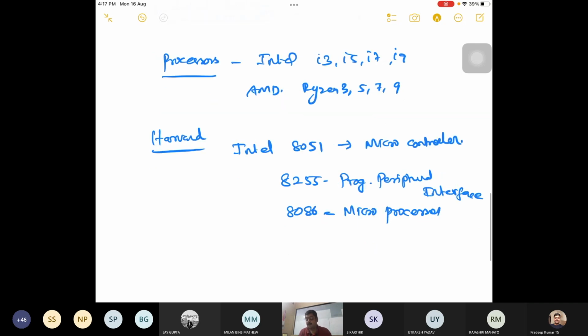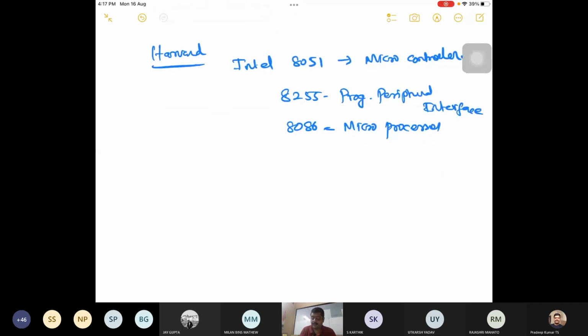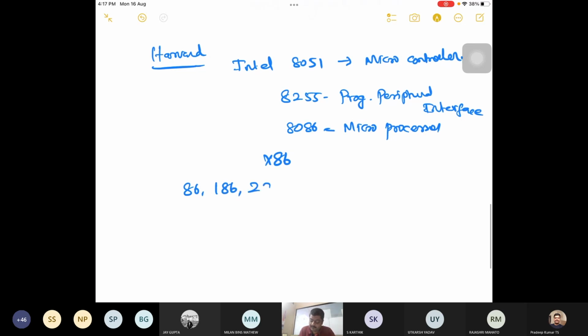Now what makes the difference here? So 8086 is an x86 processor. That means first we have 86, then 186, then 286, then 386, then 486, then 586, then 686.